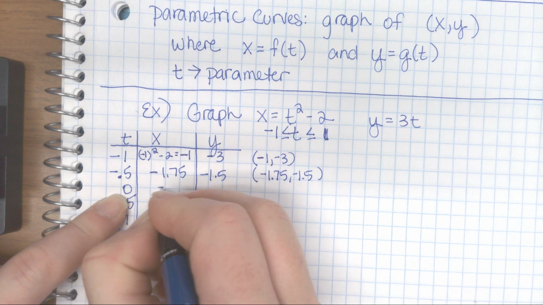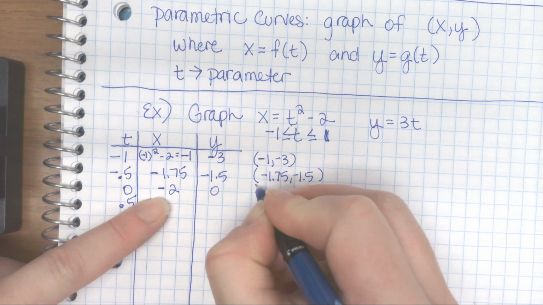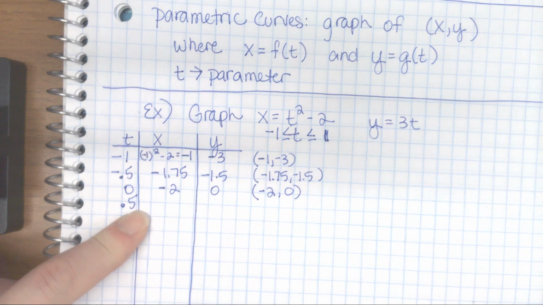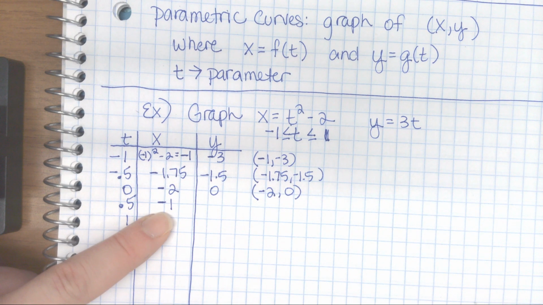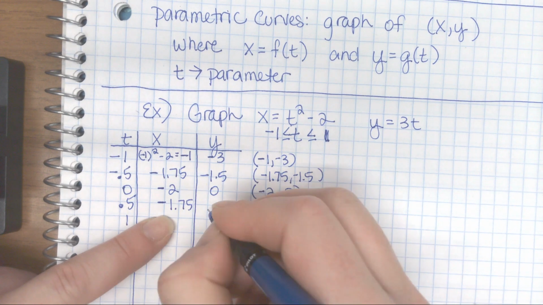If I plugged 0 in, I'd get -2 for x and 0 for y. If I plugged 0.5 in, I get -1.75 again, sorry, for x and +1.5 for y.